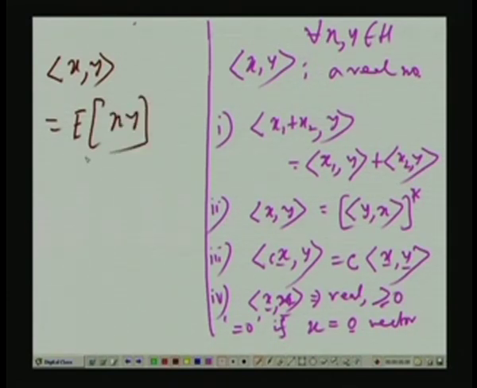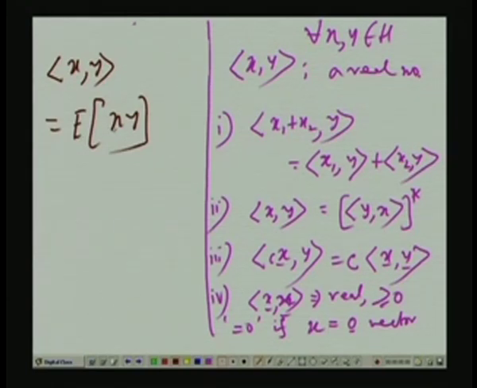Take x, y, multiply, take the expected value. Now, does it satisfy all the properties? The answer is yes. First, instead of x, if we have x1 plus x2 times y, E is a linear operator as we have seen, so it becomes E of x1y plus E of x2y. So this is satisfied. Similarly, E of xy and E of yx are one and the same, so satisfied.